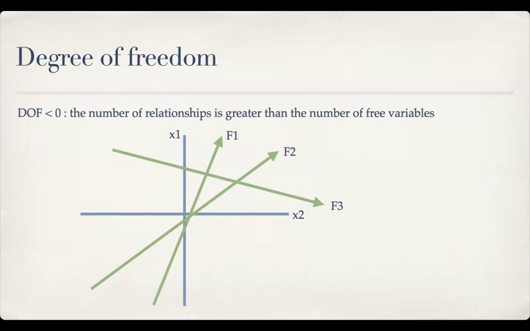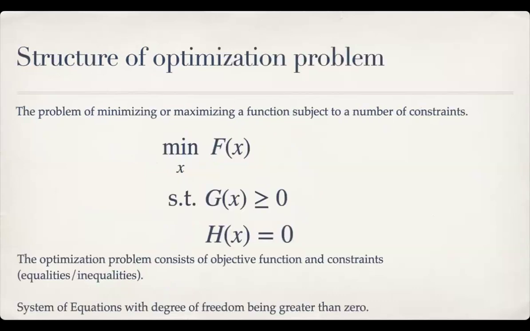Okay. See that we have equality constraints here. Okay. So the number of decision variables in this case must be greater than the number of equality constraints here.